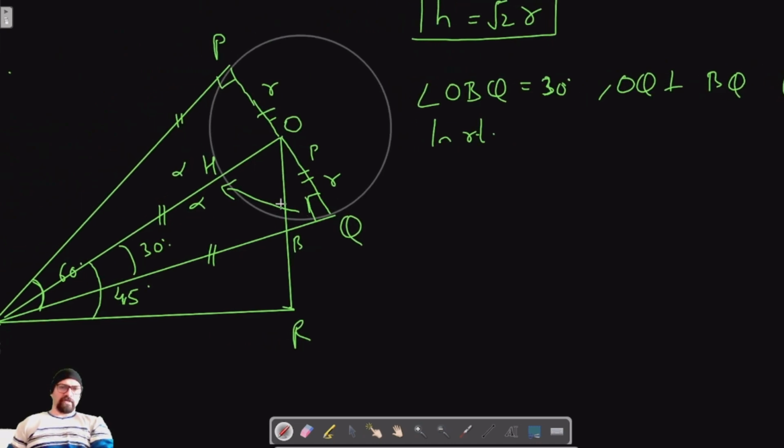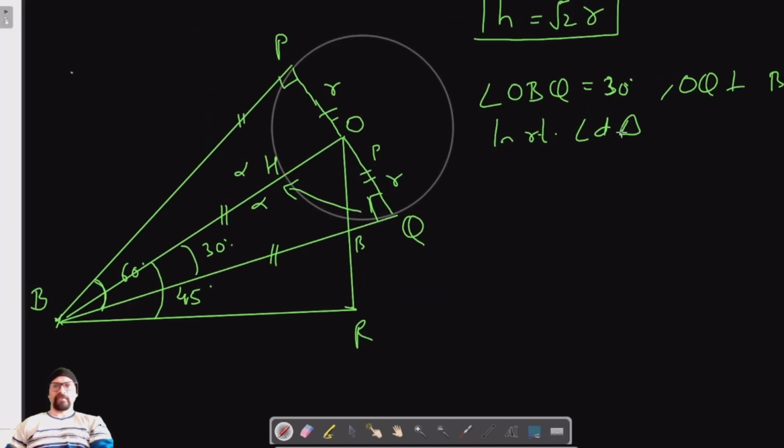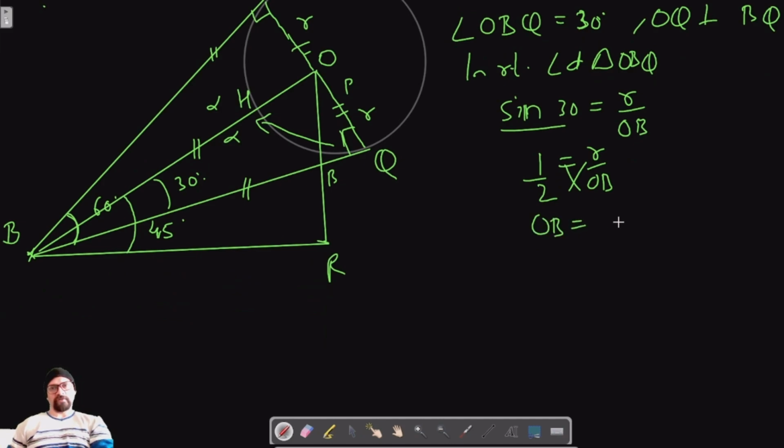Okay, now, if this is 90 degrees, so that means in right angle triangle OBQ, I can use perpendicular by hypotenuse, sine. So this is sine 30 degree, which is R by OB. And sine 30 degree is half, which is R by OB. And if we cross multiply this, this gives me OB is equal to 2R.